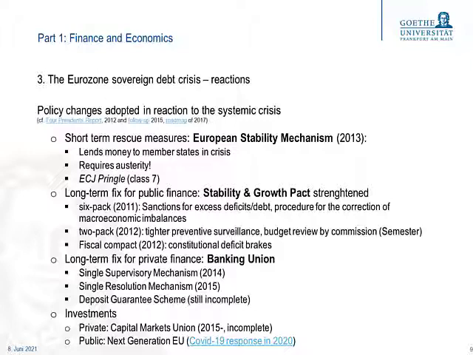That wasn't really sufficient, so yet another pact was needed a year later, the two-pack, that put in place a tighter system for the surveillance of countries' economic and financial situation, especially a sort of centralized budget review where countries have to send their draft budgets to the European Commission, and the European Commission gives them the okay or not, and they have to negotiate with them even before they adopt it in the domestic parliament.